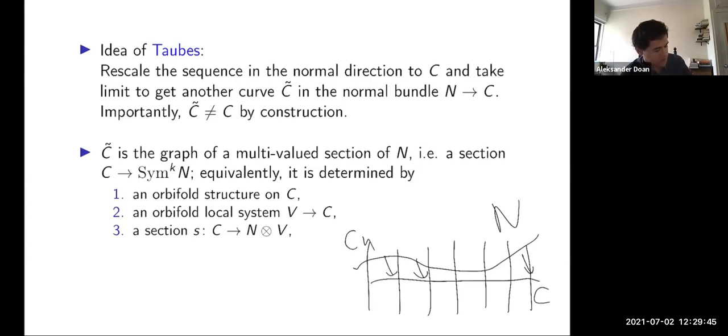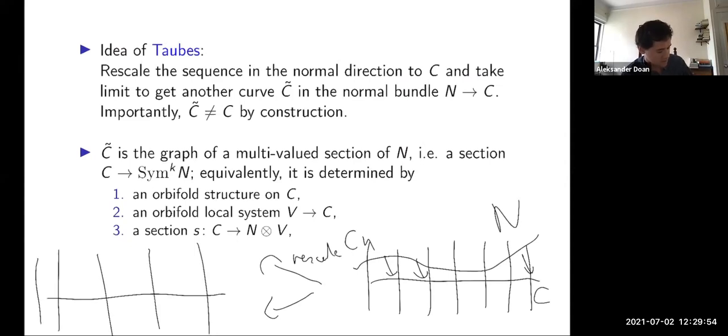So what you can do, you can now rescale the normal bundle in the normal direction such that each of these curves, call them C_n twiddle, has now Hausdorff distance 1 to C. So the original sequence collapsed to the 0 section, and so I can start rescaling the normal bundle to prevent the sequence from collapsing.